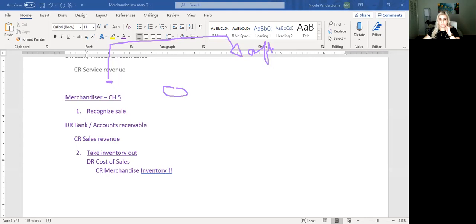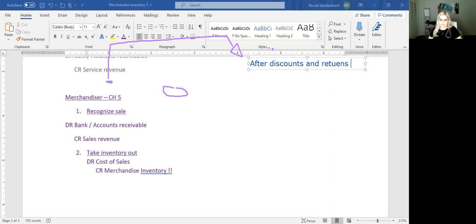That's why it's called net sales revenue, because it's after discounts. All right, guys, after discounts and returns, that's why we call it a net sales revenue.